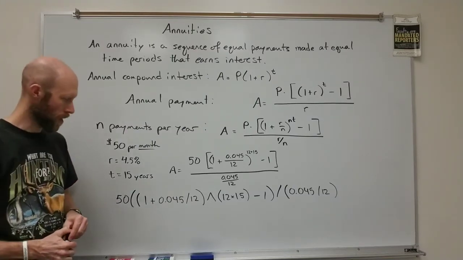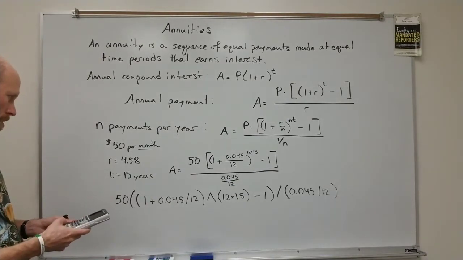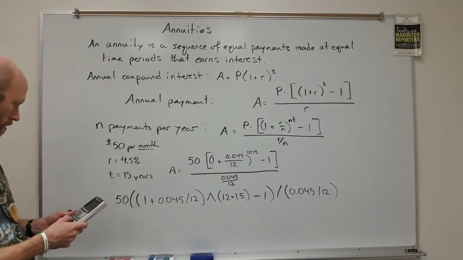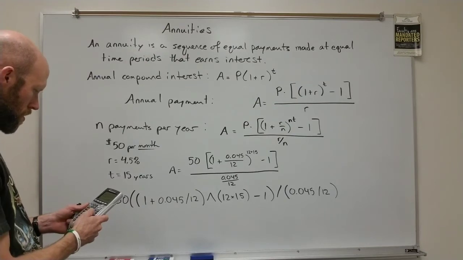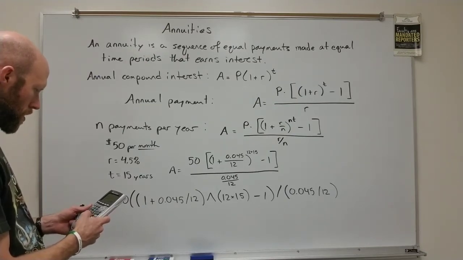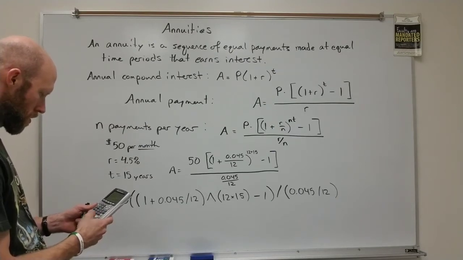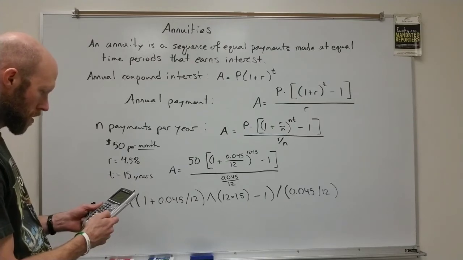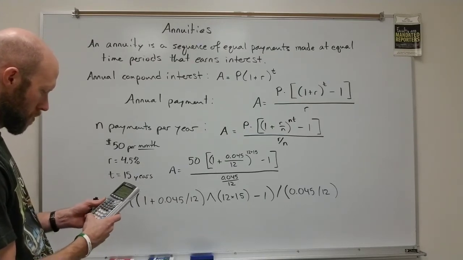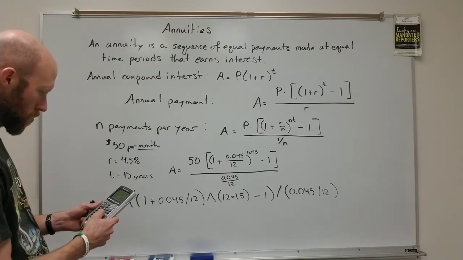I think that will be pretty effective. 1 plus 0.045 over 12, raise that to the 12 times 15 power, minus 1 parenthesis, divide by parenthesis 0.045 divided by 12.